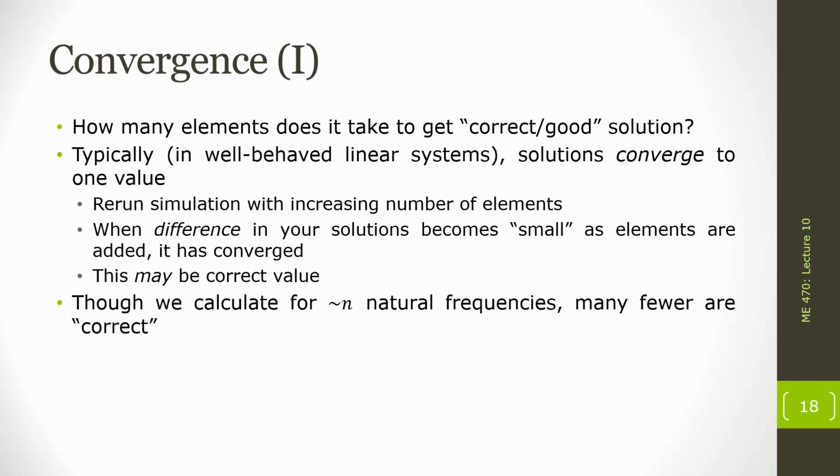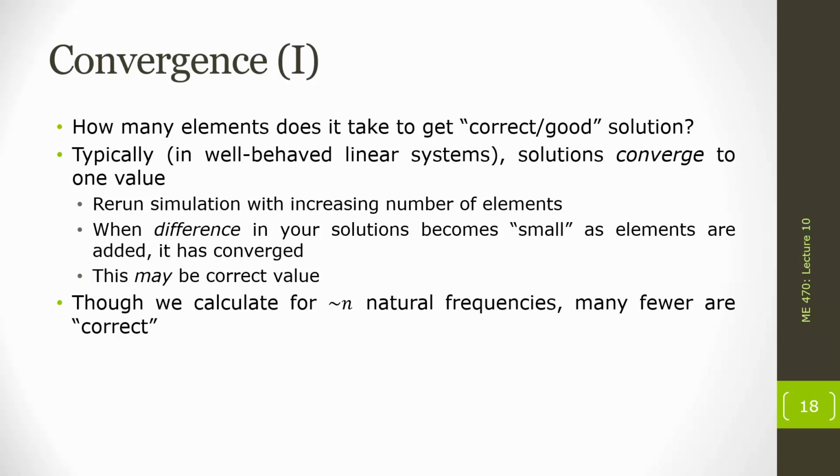But just because we can calculate n natural frequencies, that doesn't mean that n of them are correct or even converged. What we're going to see happen is that the convergence is always going to go from the lowest natural frequency to the highest. So that means that if we are tracking the values of our natural frequencies, it's going to get flat for frequency 1 before frequency 2 before frequency 3.